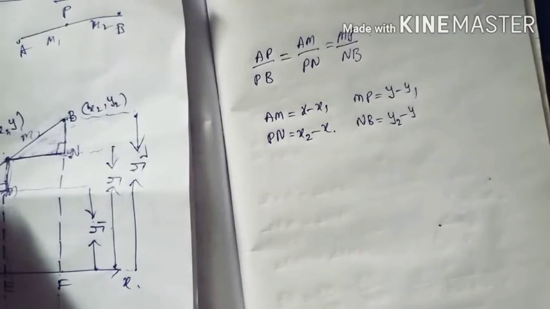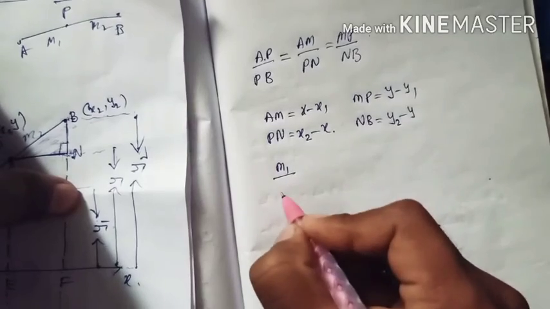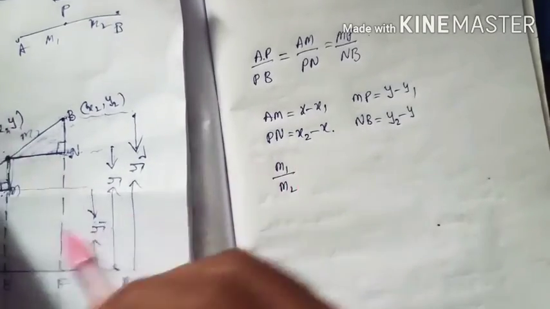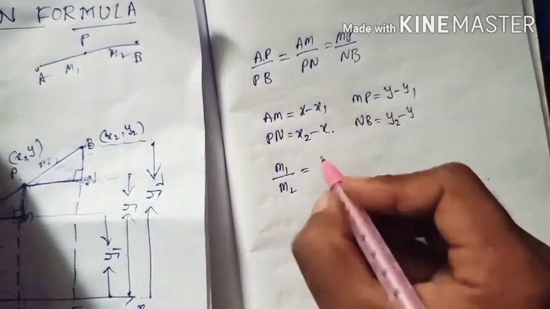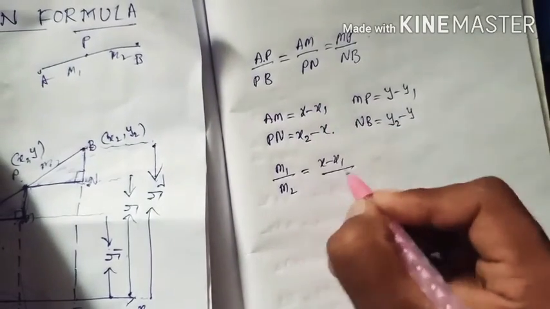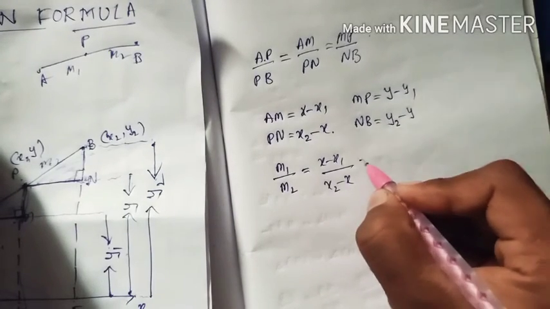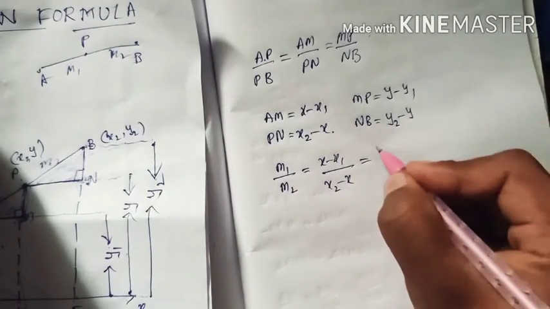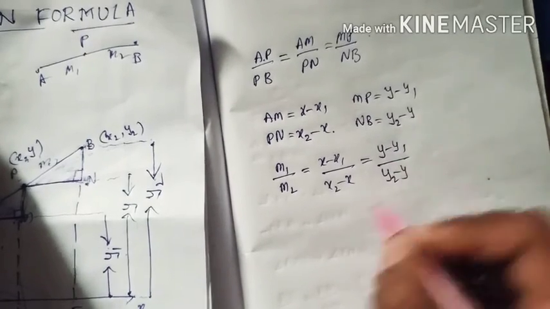Now AP equals M1 and PB equals M2, because the ratio is M1 is to M2. AM equals x minus x1, PN equals x2 minus x, MP equals y minus y1, and NB equals y2 minus y.